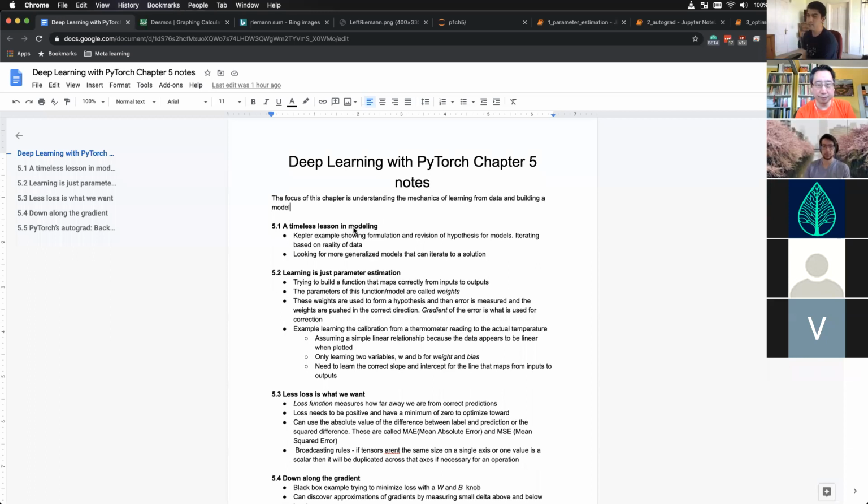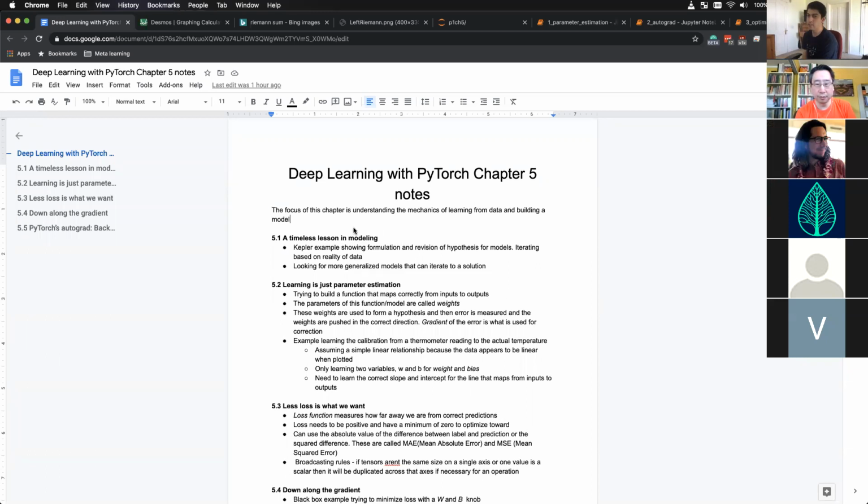So looking back on last week, we were looking at data representation. You get some real world data you need to format into a tensor so that you can utilize it in some way. And this week, what we're learning about is the mechanisms of learning. They start with a basic example showing Kepler learning from some data. They didn't really explain in too much detail, but he had some sort of trajectories, and eventually he figured out that they were ellipses.